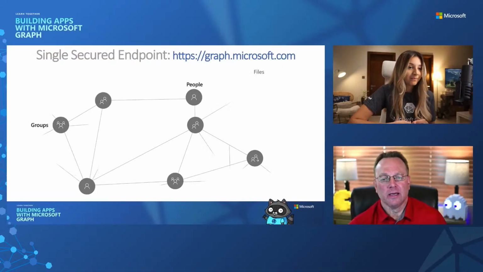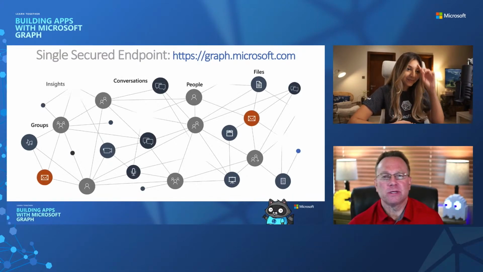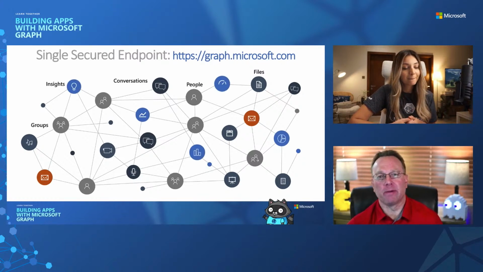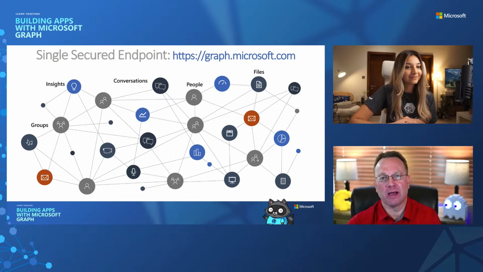Excellent. Okay. One of the problems, though, is we're kind of worried about, does my development team have to learn this API and this API and this API? Or you did mention earlier that it's kind of a unified API. So if we want to get to all this data, how's that going to work? That's a great question. That's where Graph's power shines.